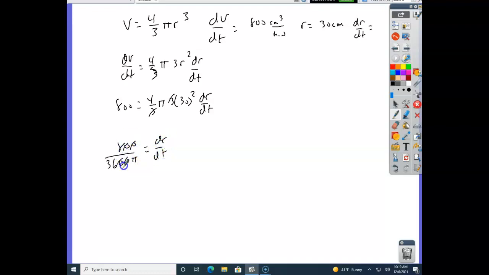If I chop out some zeros and simplify, that would be 2 over 9 pi. Units? Centimeters per minute. There you are.